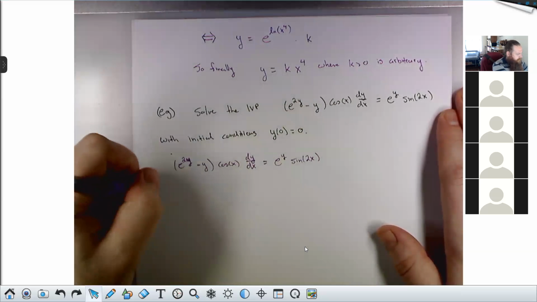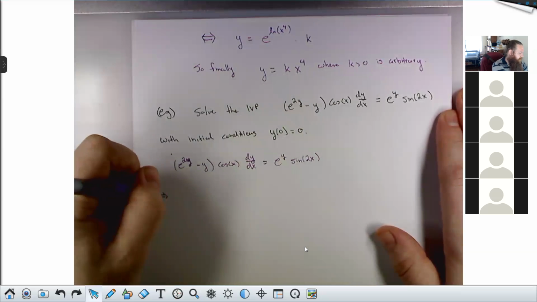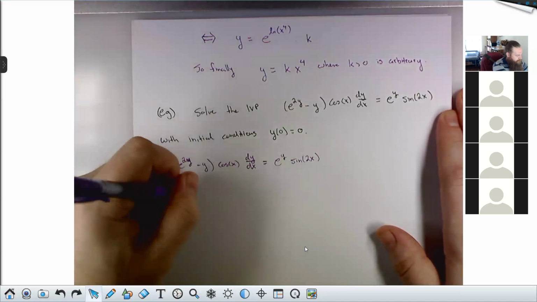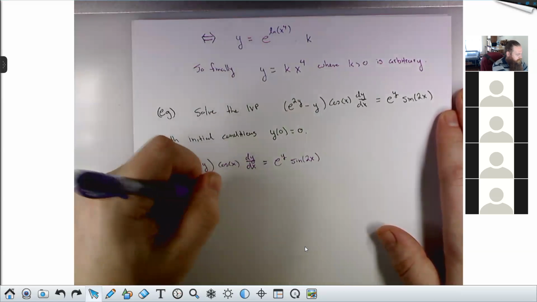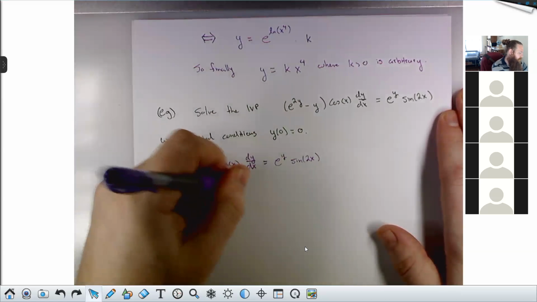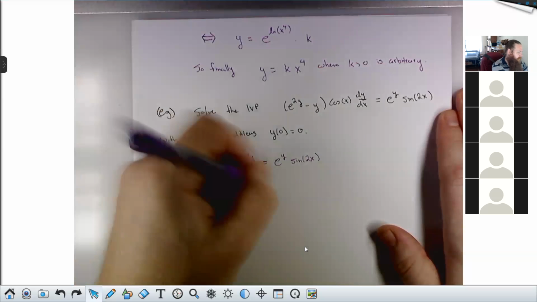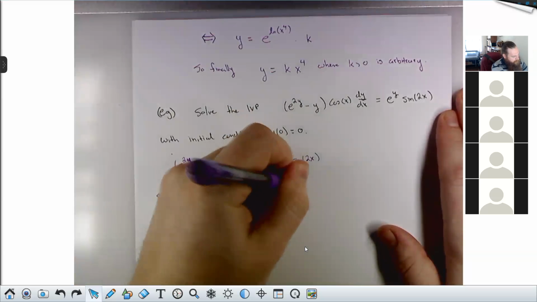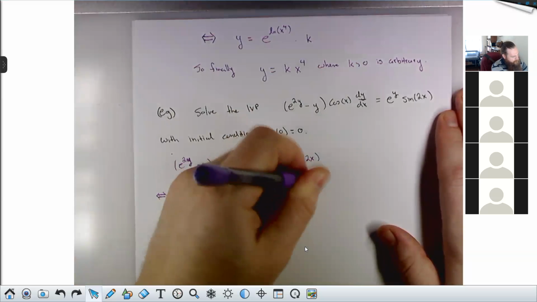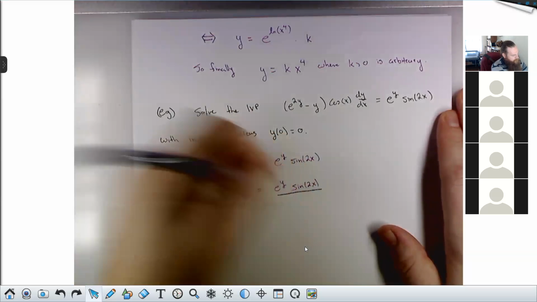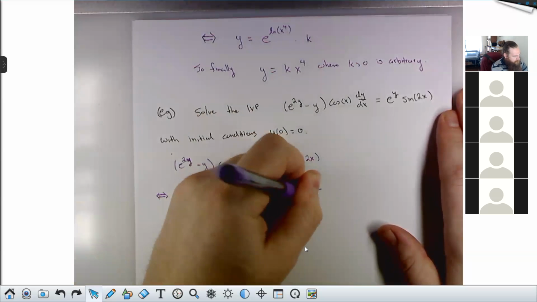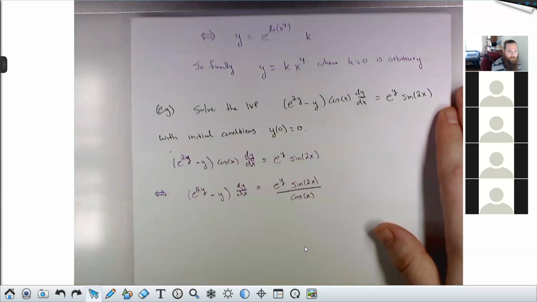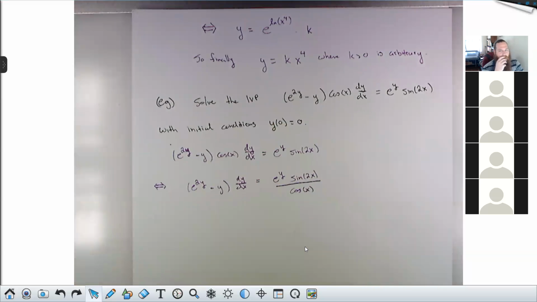Dividing both sides by cos x, I get e to the 2y minus y times dy dx equals e to the y sine of 2x over cos x. And at a glance, that right-hand side might look a little bit intimidating, but there's something we can do to make it much nicer.